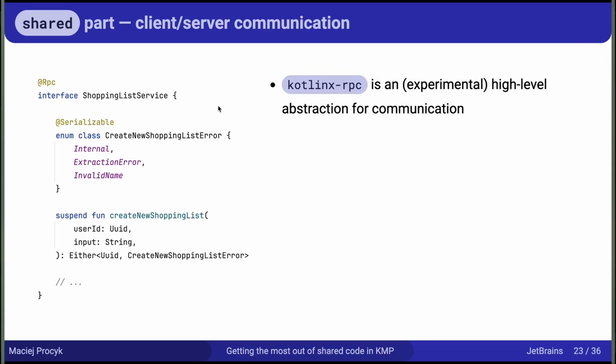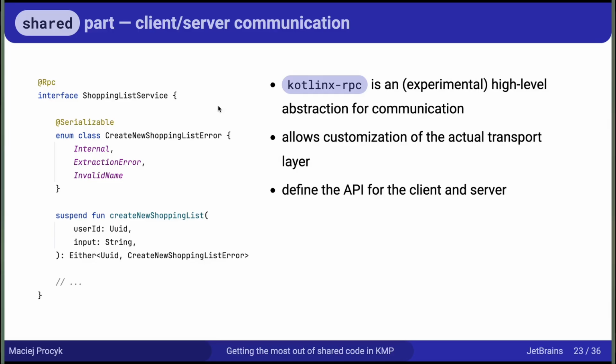But what we can do already with an experimental solution, but it's really nice for projects of this type, is the Kotlinx RPC calls, which enables abstracting from the communication layer and just taking care of the business logic which matters for you.